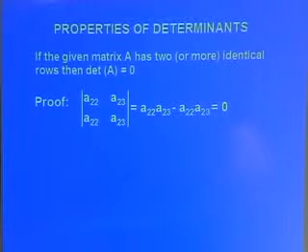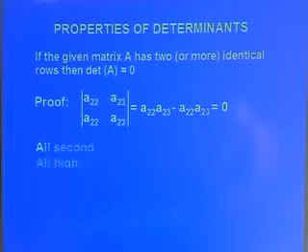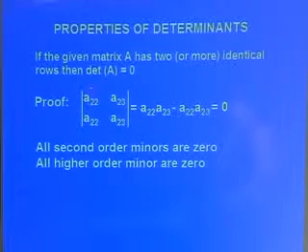Now to prove this result, I will start with a 2 by 2 matrix, and in this case the first row is identical with the second row. So a11 a22 minus a12 a21, with identical rows this is 0.